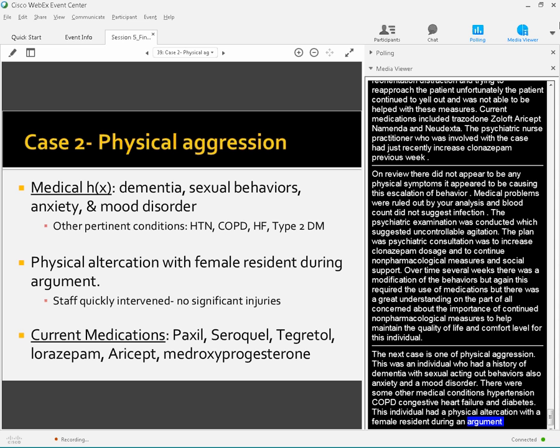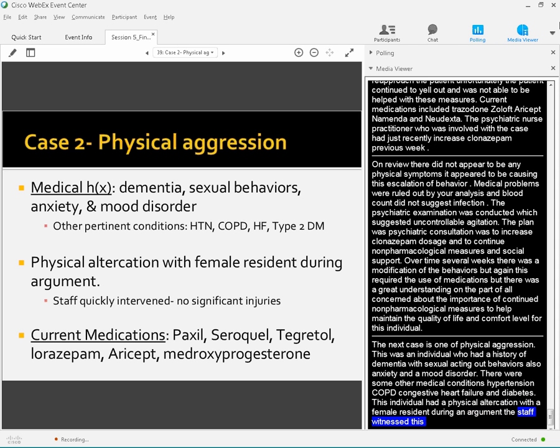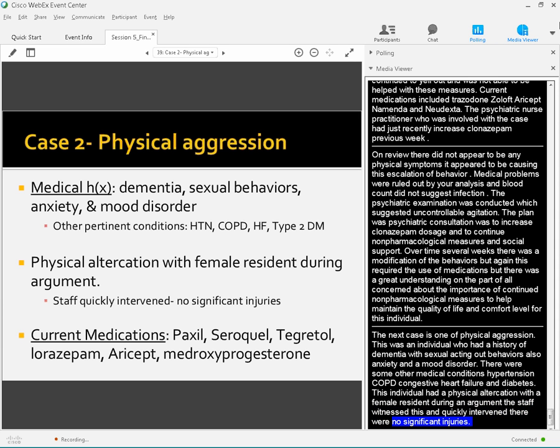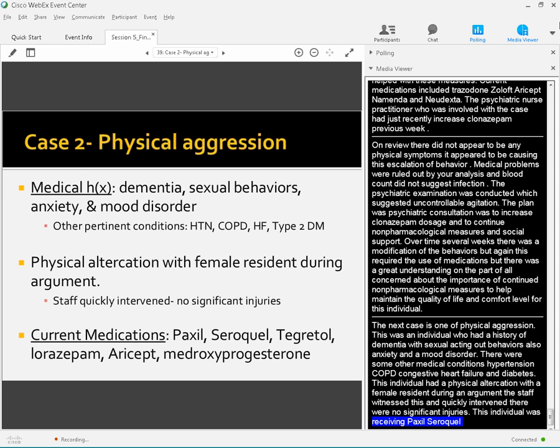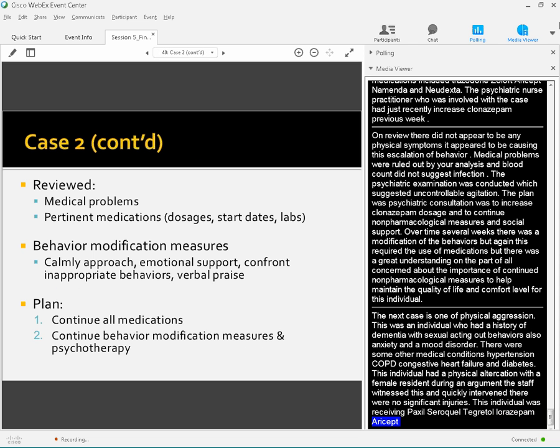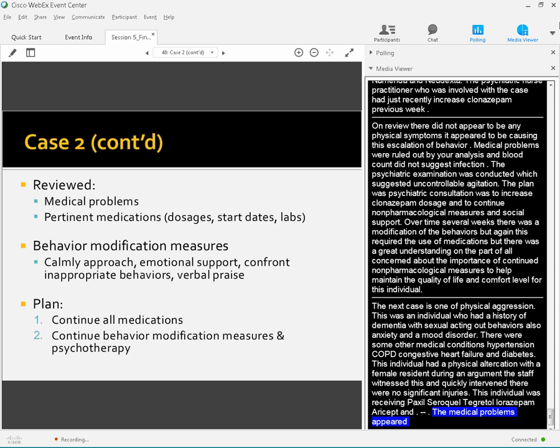This individual was receiving Paxil, Seroquel, Tegretol, lorazepam, Aricept, and medroxyprogesterone. Reviewing the case, the medical problems appeared to be stable. There was no change in the blood pressure, the respiratory situation, or the diabetic control.